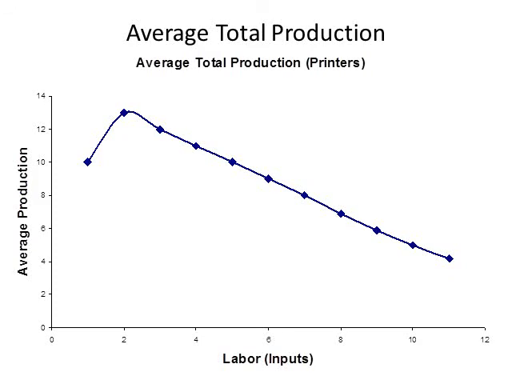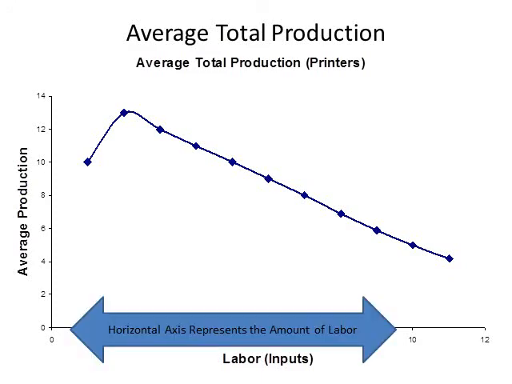This is the graph of the average total product. Let's take a little minute before getting into the details to understand the structure of the graph. The horizontal axis represents the amount of labor or inputs generally. The amount of labor increases as we move from the left to the right.